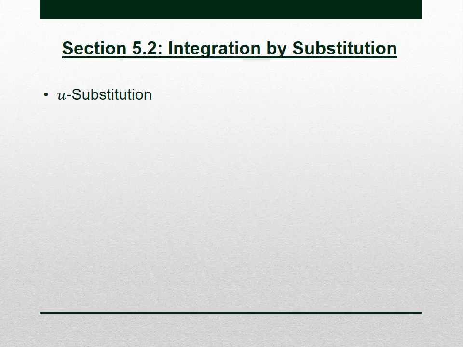When we're looking at something that maybe used a chain rule to take the derivative and get to it, to undo that and get back to before the derivative was taken, to take that antiderivative, we're going to use U substitution. So U substitution is just undoing the chain rule.